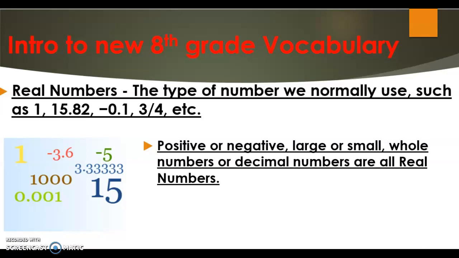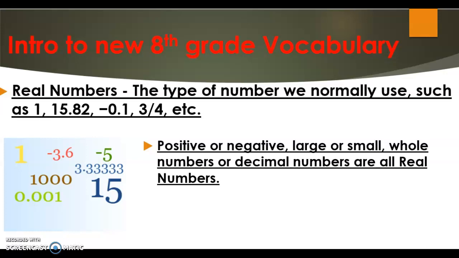real numbers. Now, you might ask yourself, aren't all numbers real? Of course they are, okay? But real numbers would be a more specific math term where the type of number that we normally use, such as 1, 15.82, negative 0.01, 3 out of 4, etc. They can be both negative, positive, large, small.